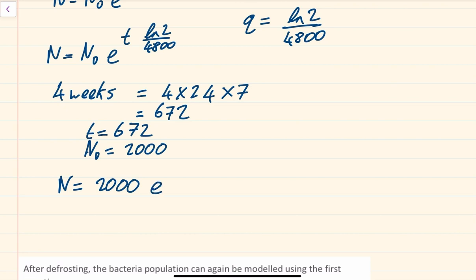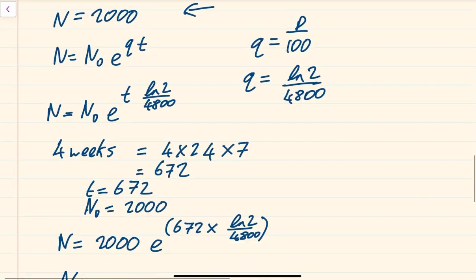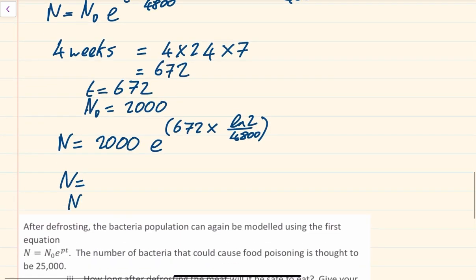It's not an easy one to do, but you can do it on your calculator. 2000 e to the, in brackets, 672 times ln of 2 over 4800. We were to give our answer to 3 sig figs, but I'm going to give my answer to all the figures on the calculator first.